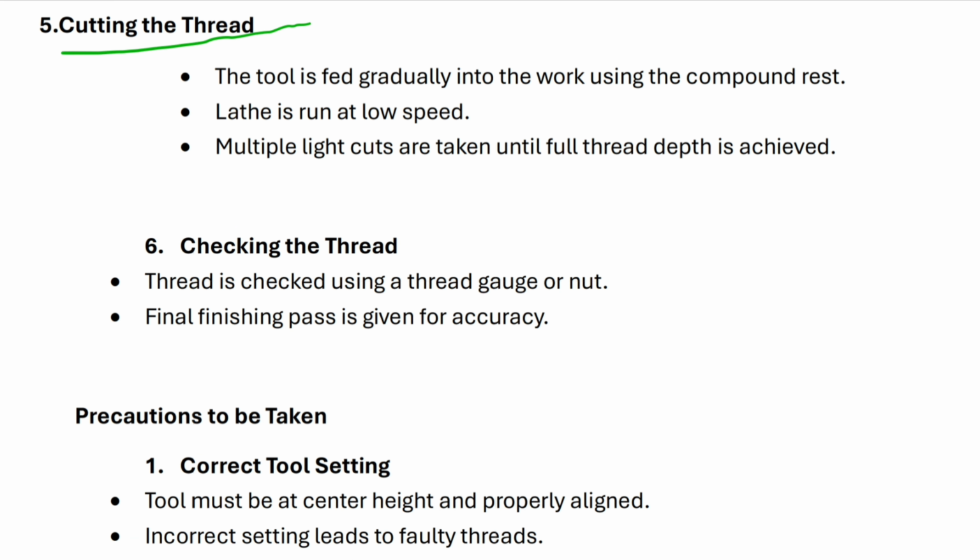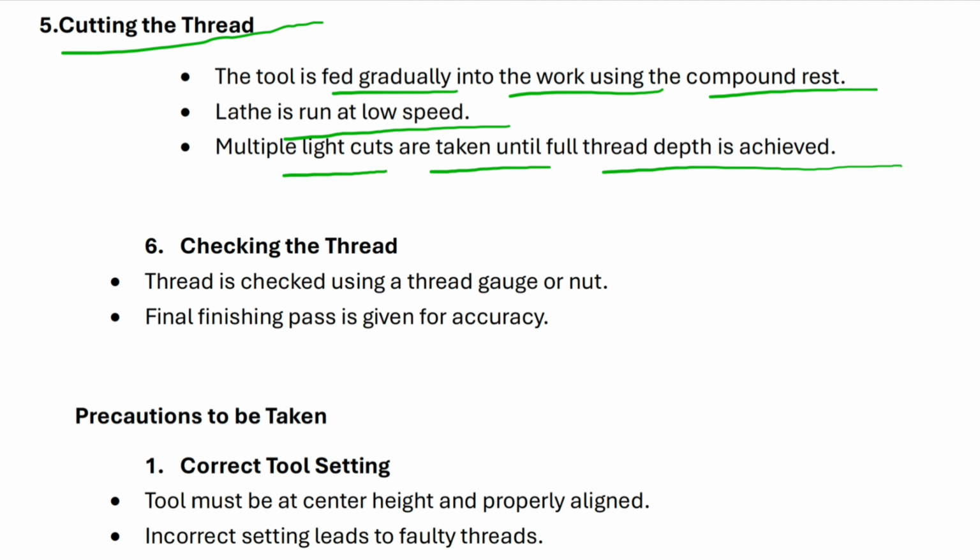Next is cutting the thread. We feed the tool gradually into the work using the compound rest, and run at a lower speed. First we start with the lower speed. Multiple light cuts are taken until the thread depth is achieved.